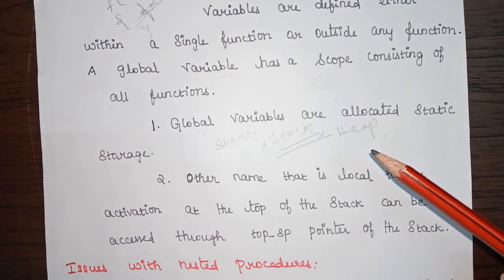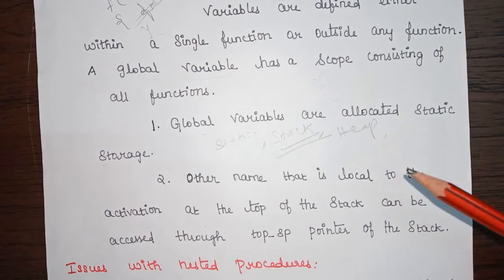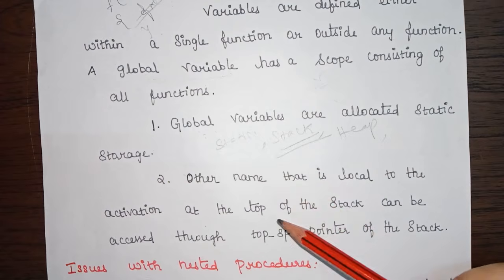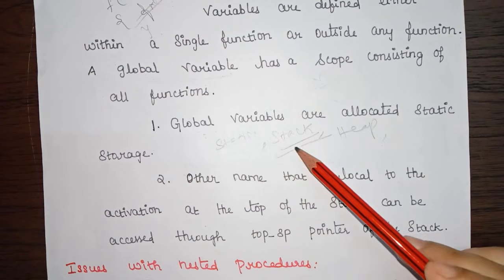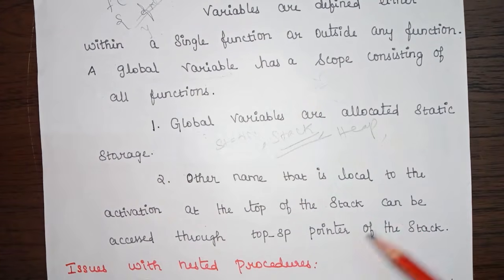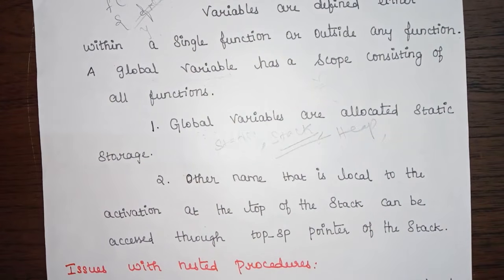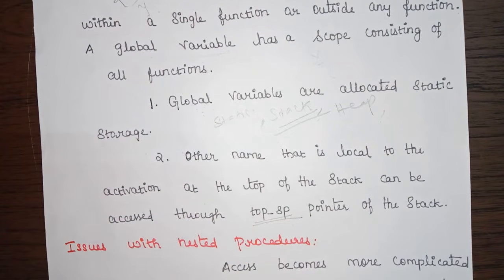When a procedure begins to execute, the activation record is created and stored inside the stack. So the stack holds the local variables of that procedure with the help of this activation record, and these can be accessed through the pointer top sp. This pointer is used to access the local variables inside the stack.